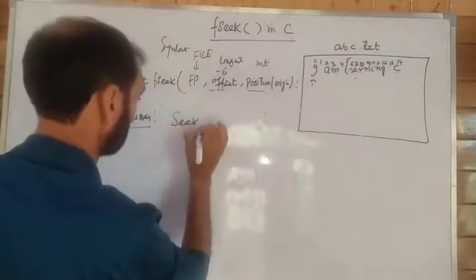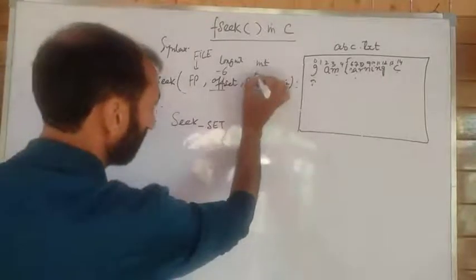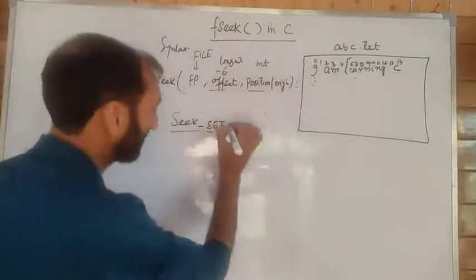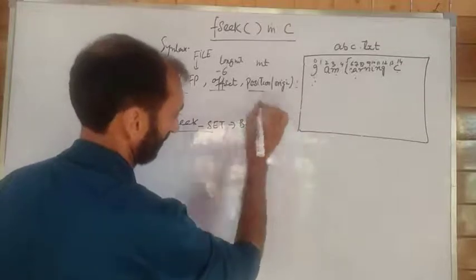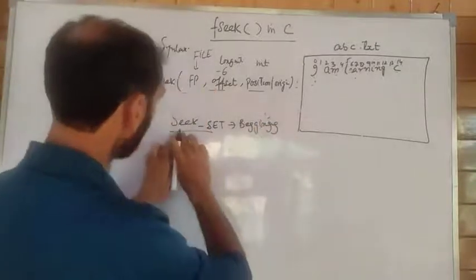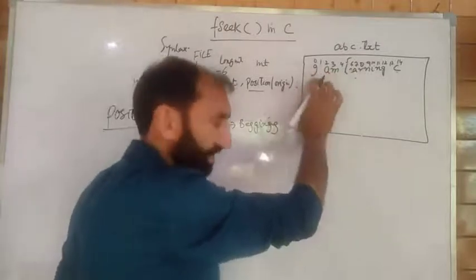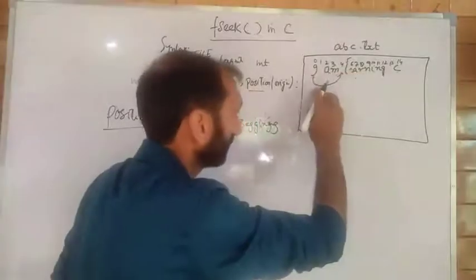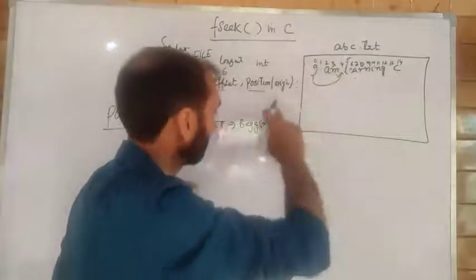Seek underscore set. If you want to move the cursor from the beginning, that means the cursor is at the start of the file and you want to move from this position to this position, so at present the cursor is at the beginning.